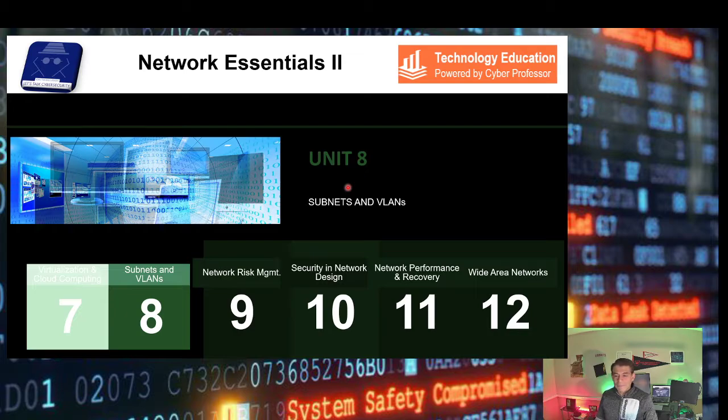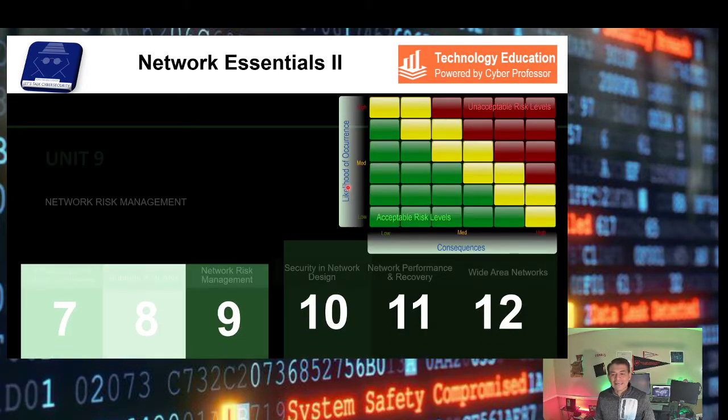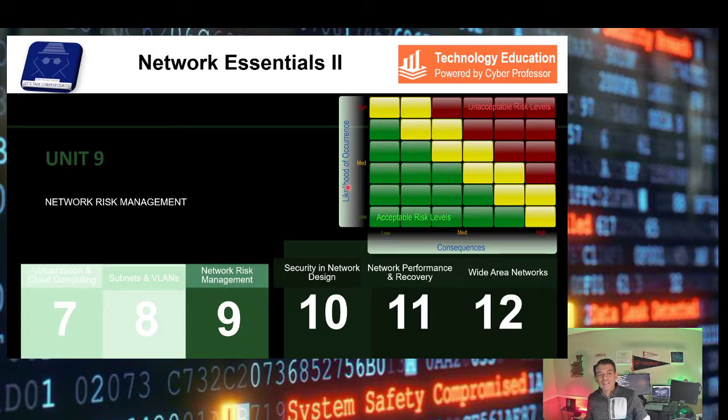We are going to talk about that during Unit 8, and hopefully you will be able to apply that concept in the lab so you can create different subnets and VLANs. Then we are going to move to Unit 9, and that will be network risk management.